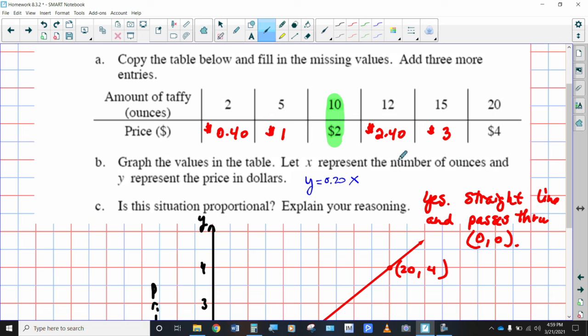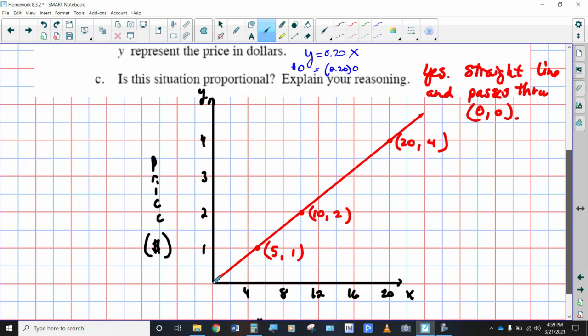So if you were to buy 0 ounces times 20 cents, you're going to pay $0 or 0 cents for that taffy, right? So 0, 0 applies. When you look at the graph, you see it passes through 0, 0, and it's a straight line, which implies there's a constant growth rate. In this case, the unit rate is the 20 cents per ounce.